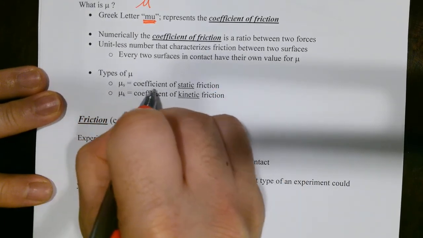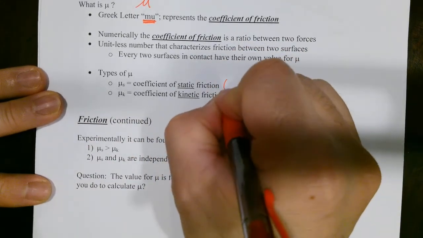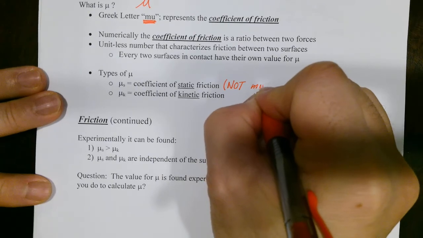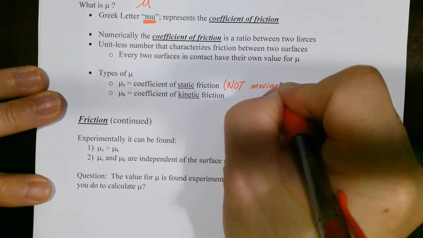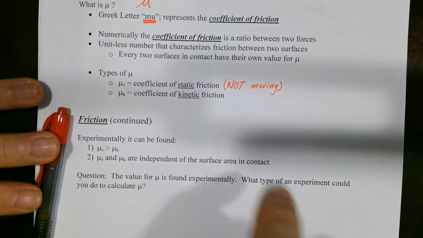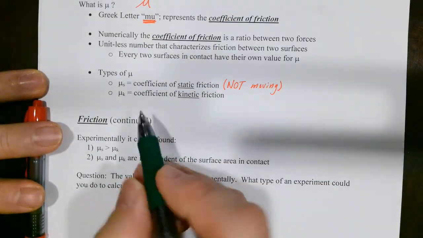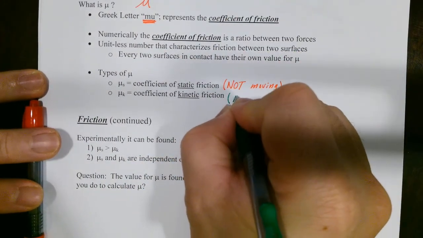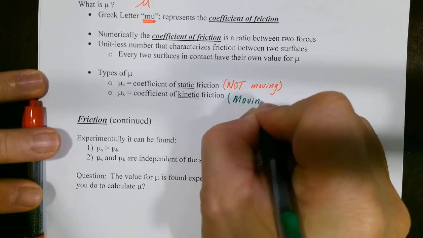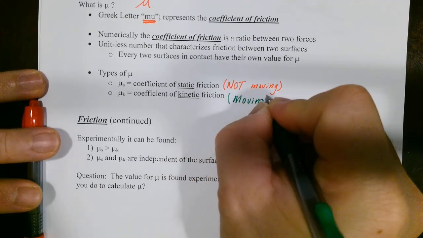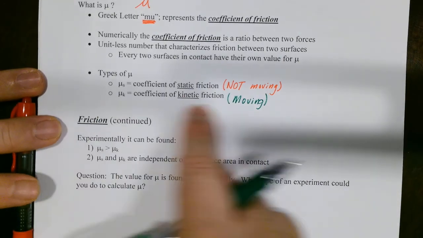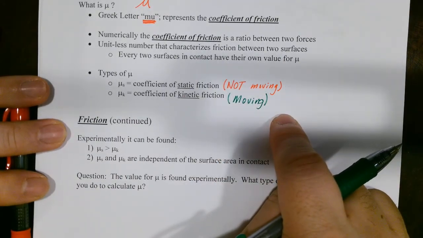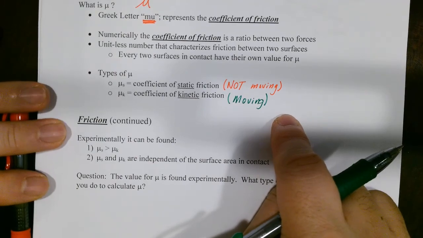This is the static coefficient of friction. And this, mu sub k, is kinetic friction, or moving, when this thing is sliding across the surface. So there are two different kinds of friction, static and kinetic friction, okay?